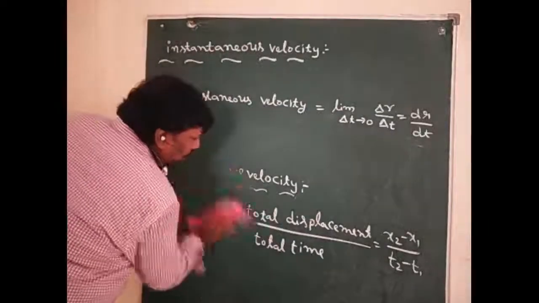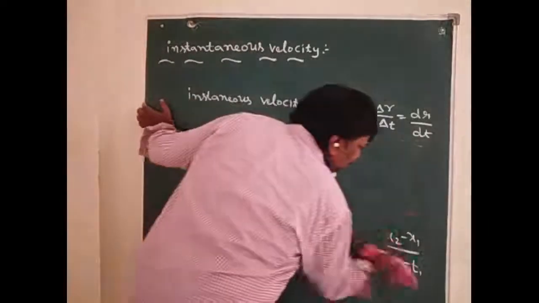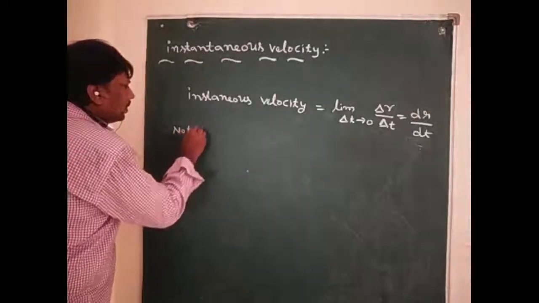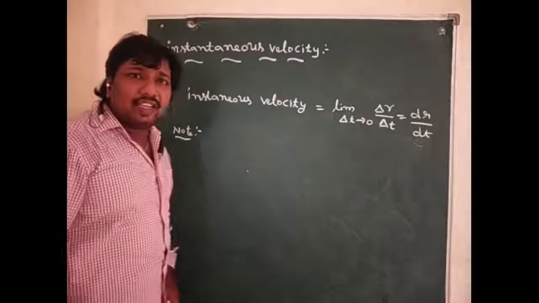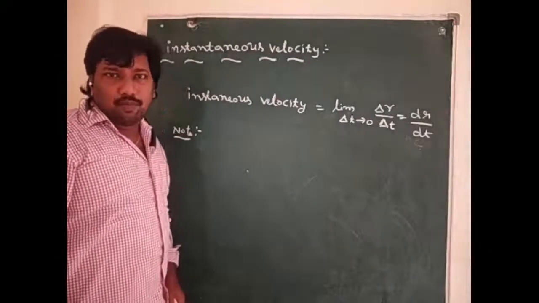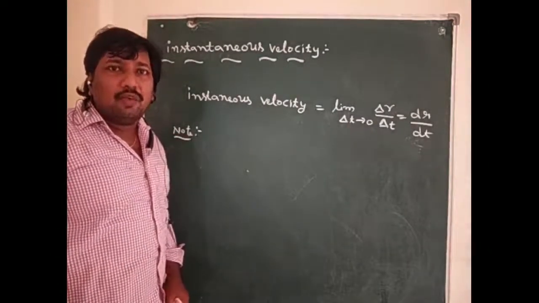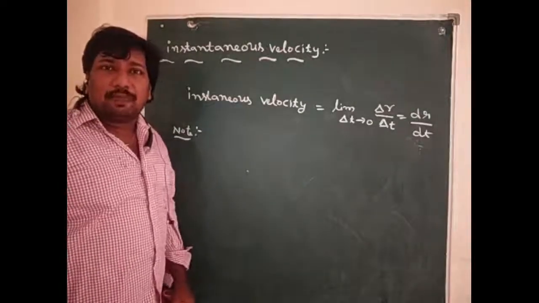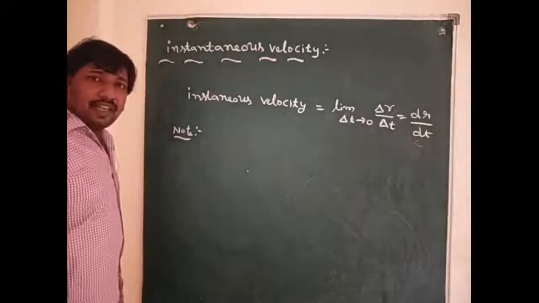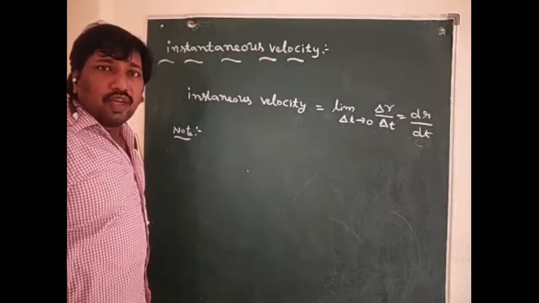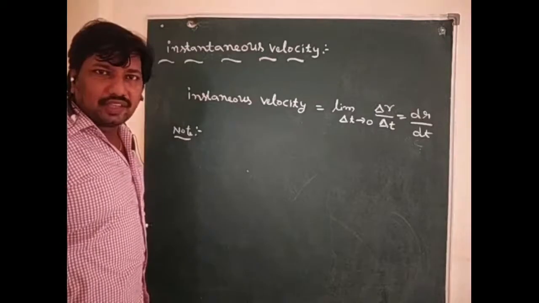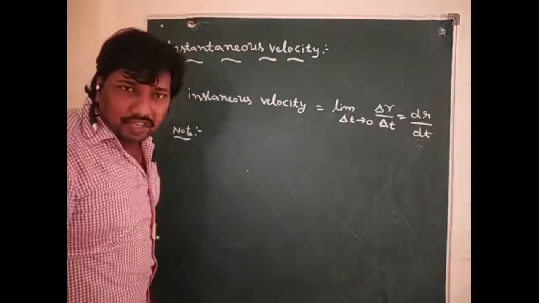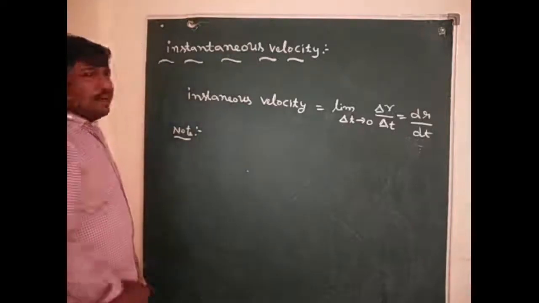Some important note points: when a particle is moving in straight line motion with uniform velocity, instantaneous velocity is equal to average velocity.